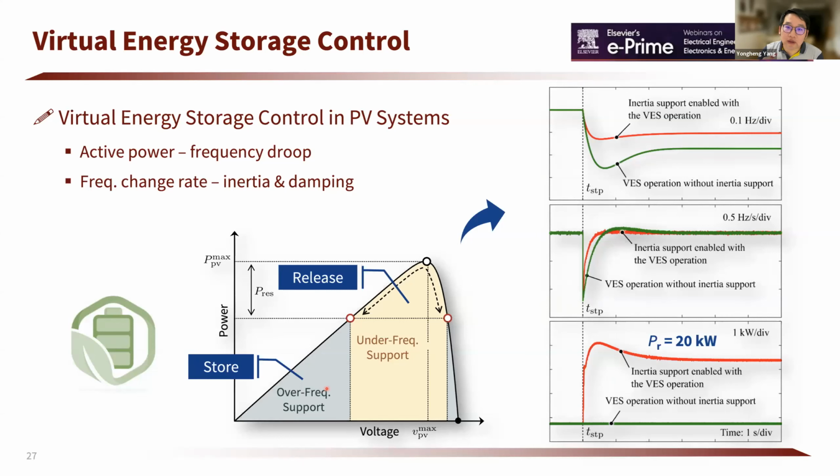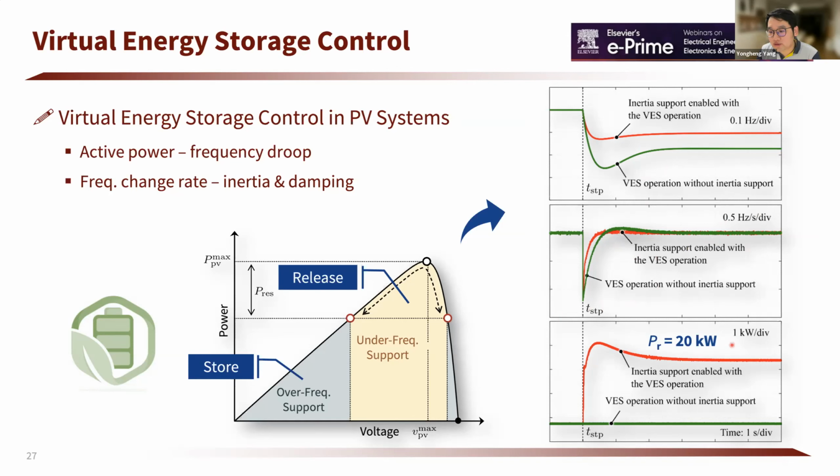This is the operation of storing energy. So it looks like a physical energy storage or physical batteries. That's why we call it virtual energy storage control, but there are no physical energy storage devices. Then we have done a simulation of a PV system.